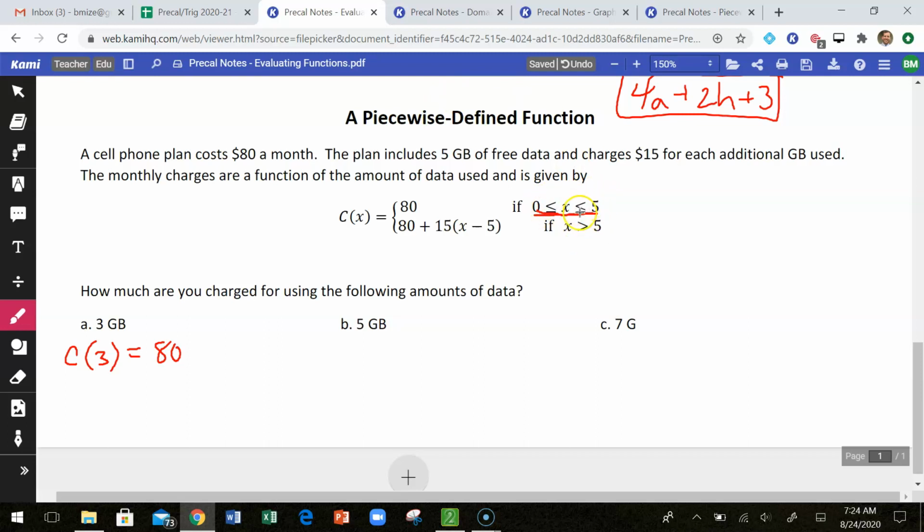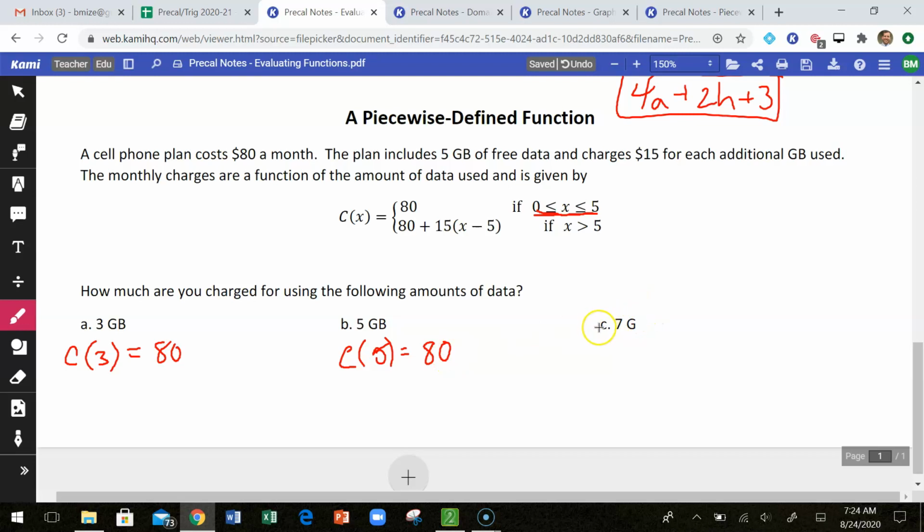It's because we have the or equal to 5 with this first one, and we do not have the or equal to 5 with this second inequality. Okay, so if I'm actually plugging in 5, I'm again going to use this top one because I get 5 gigs of free data. So C of 5 is going to be 80 as well. So the cost if we just use 3 gigabytes, $80. The cost if we use 5 gigabytes, $80.